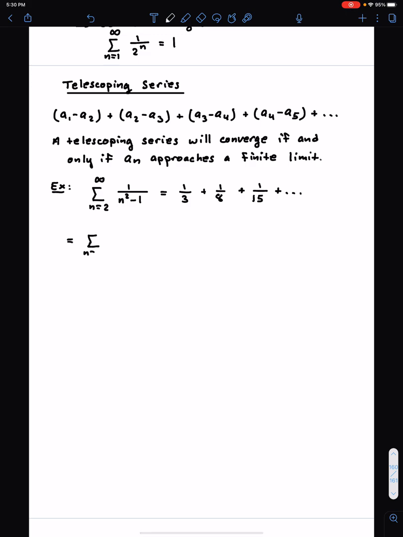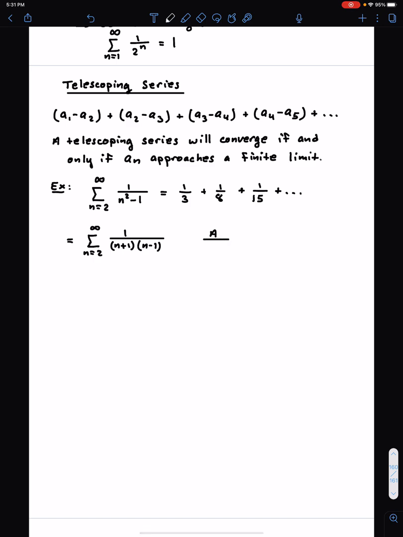So this series can be rewritten as the sum from 2 to infinity of 1 over n plus 1 times n minus 1. So now I'm going to figure out the two fractions this came from, and I'm going to use partial fraction decomposition.